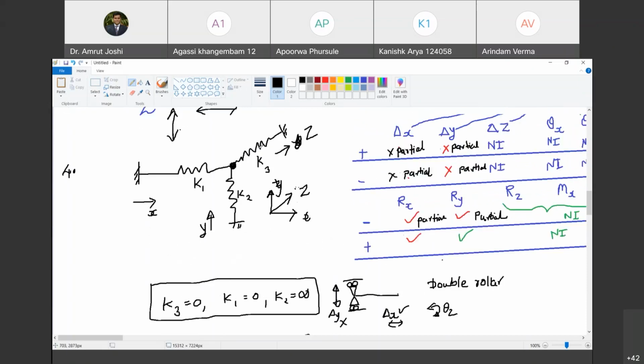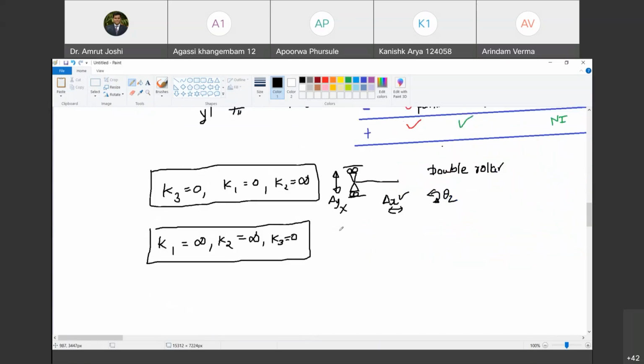Theta z is freely possible. Delta x, K1 being infinity, you cannot push it or pull it. K2 being infinity, you cannot push it down or pull it up. So which kind of support is this? This is hinge support. Are you with me? Because delta x is not possible, delta y is not possible, theta z is freely possible.